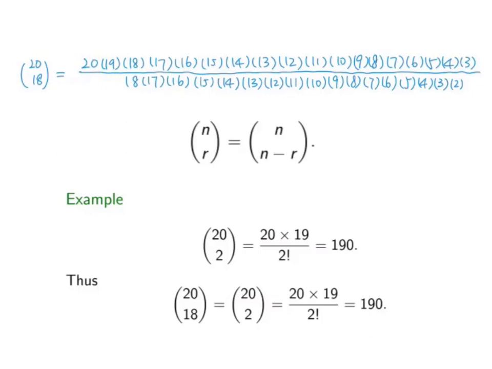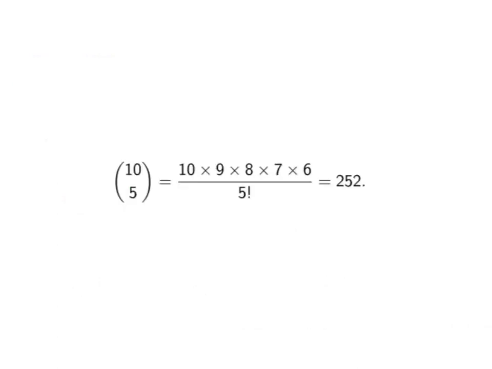Therefore, now, when we need to calculate 20 choose 18, we can use the formula and calculate 20 choose 2 instead, which is much more convenient. But this formula doesn't give us shortcuts for calculating 10 choose 5 or 22 choose 11, etc., as at both ends, the formula is equally lengthy.